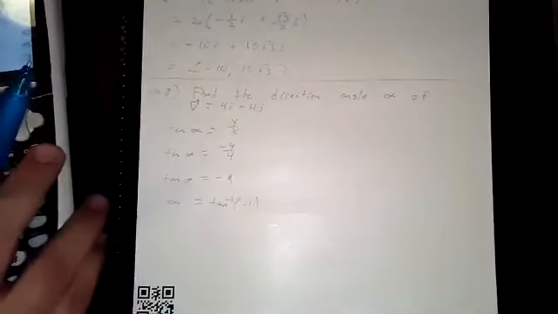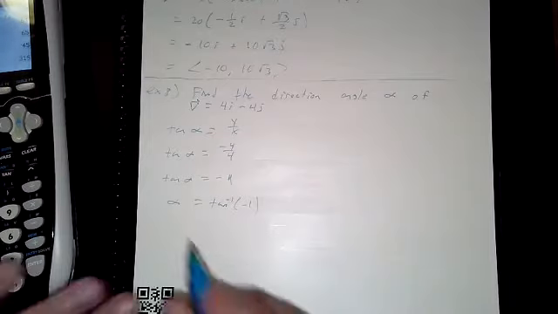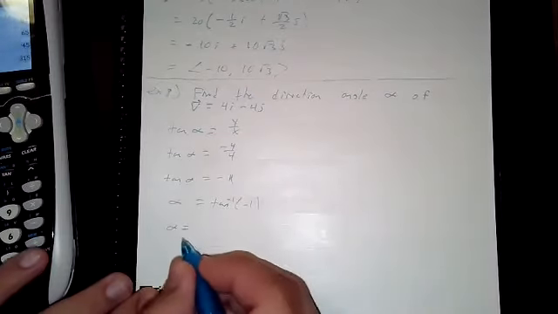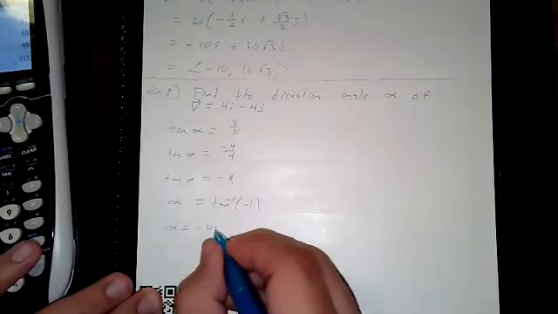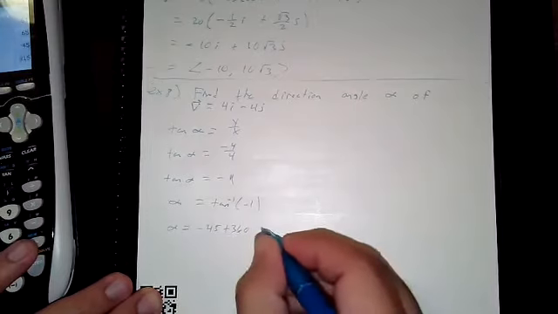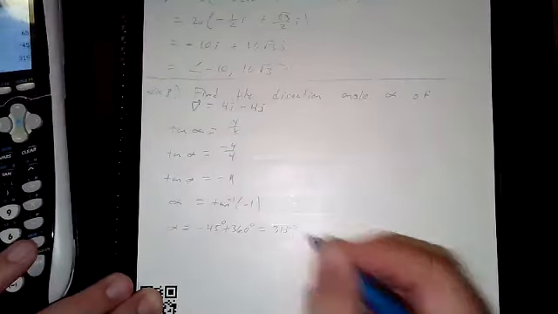So alpha is equal to negative 45, so add 360, giving us 315 degrees.